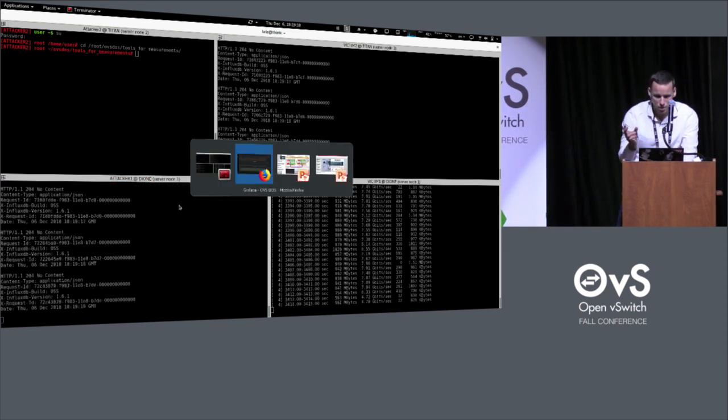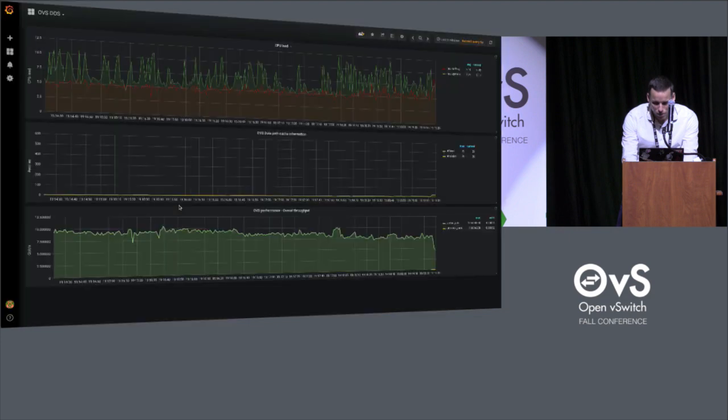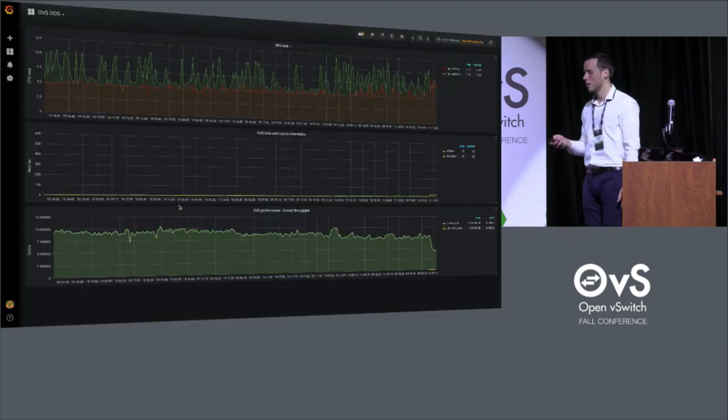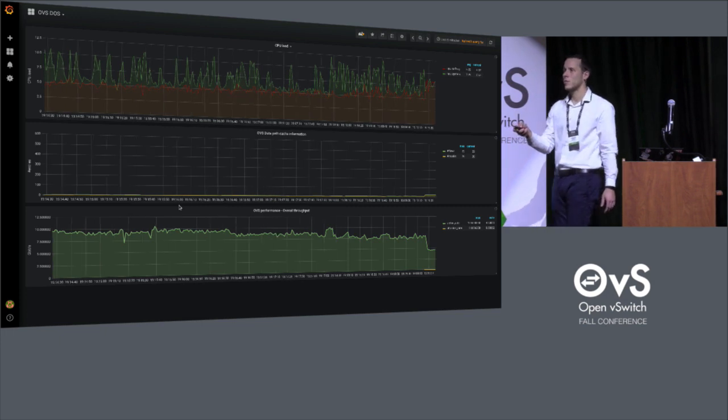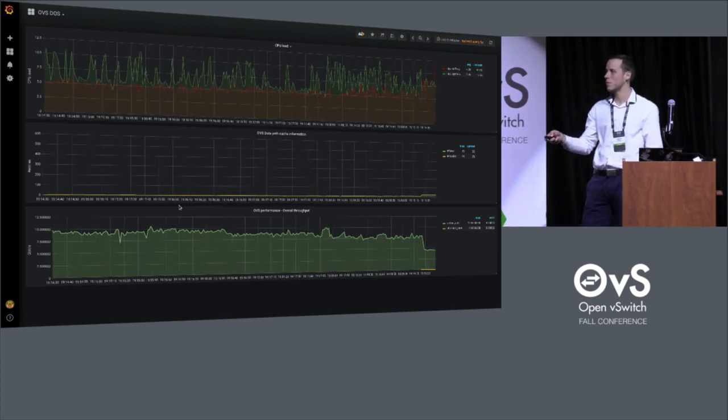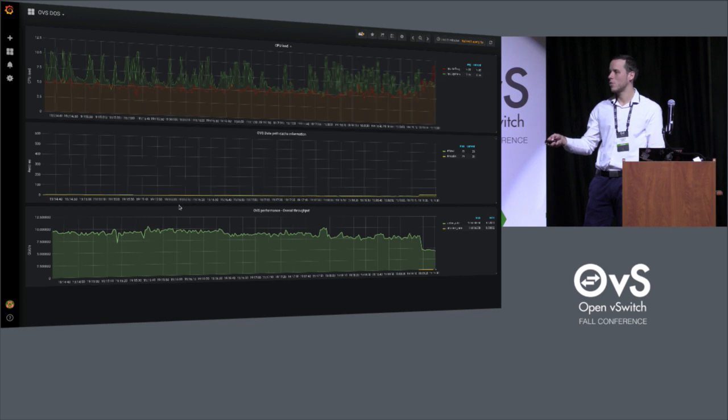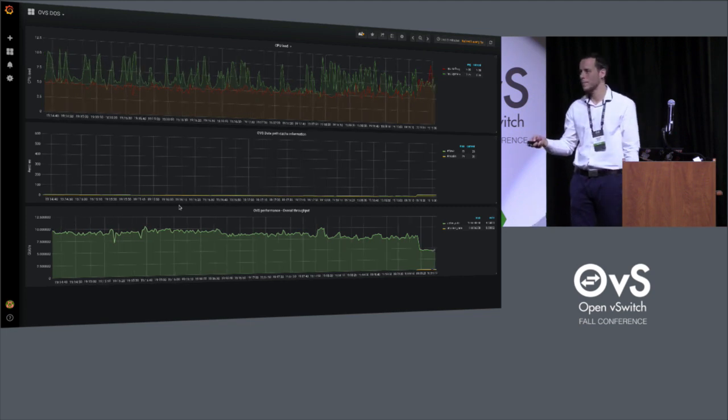Now this packet sequence is in, and you can see that I just generated 20 entries in the Megaflow cache with my crafted packet sequence, and the performance dropped to almost half.